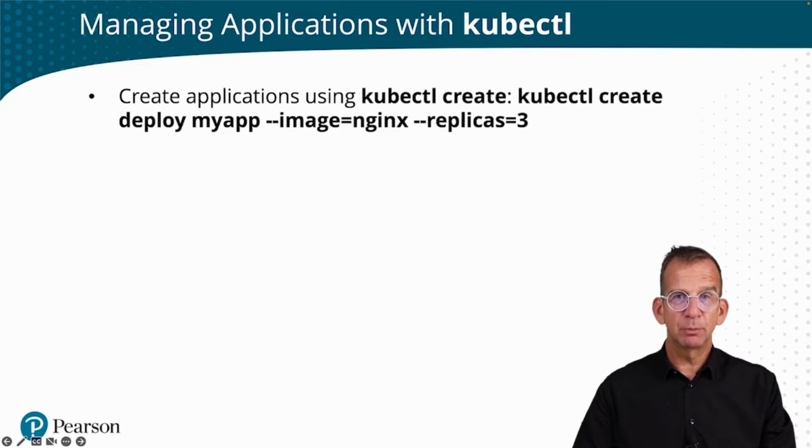I'll give you more details about what the deployment is later, but for now just remember that the application is a deployment. Applications are based on an image, so you use --image= followed by the name of an image. If it's just a short image name, Kubernetes tries to find it in the image registries that are pre-configured.